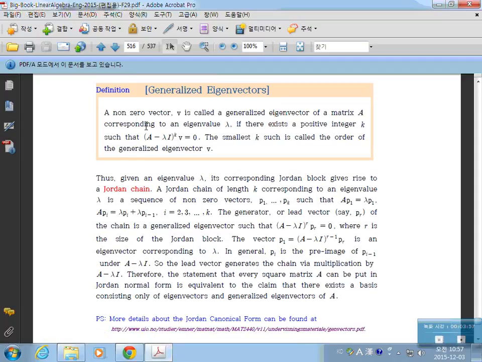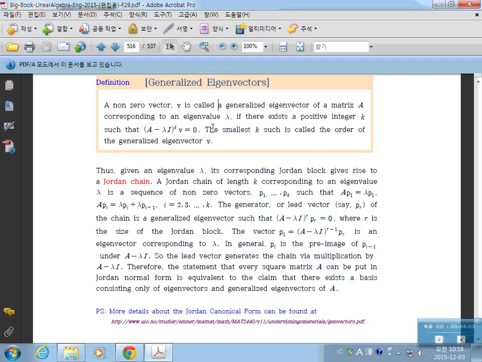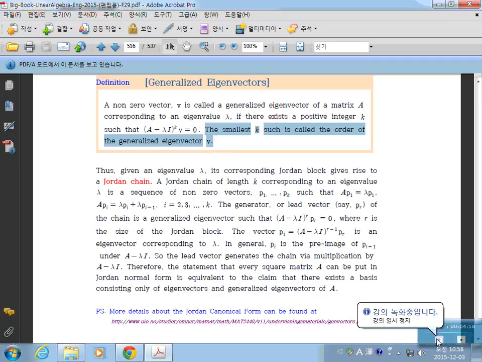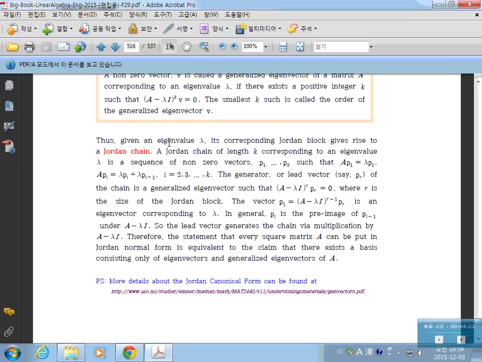Here is the definition. A non-zero vector V is called a generalized eigenvector of a matrix A corresponding to an eigenvalue lambda if there exists a positive integer k such that (A minus lambda I) to the k-th power times V is equal to 0. Then the smallest such k is called the order of the generalized eigenvector V. Thus, a given eigenvalue lambda's corresponding Jordan block gives rise to a Jordan chain.